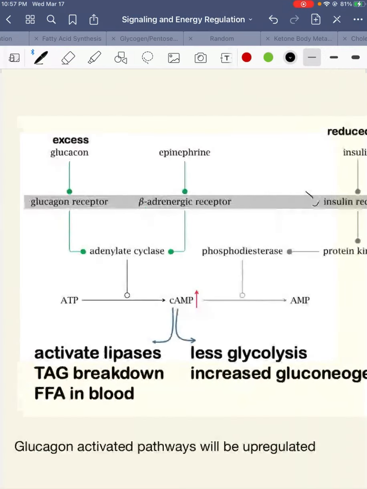When this happens, the body will eventually release a lot of glucagon because insulin is not having its effect. So even though you have high blood glucose levels, it will tell the cells that you have low blood glucose levels, because the glucose is in the blood and it's unable to get inside the cell. So excess glucagon accumulates. Epinephrine also accumulates. They bind to the receptors and eventually activate adenylate cyclase. Adenylate cyclase takes ATP and makes cyclic AMP.